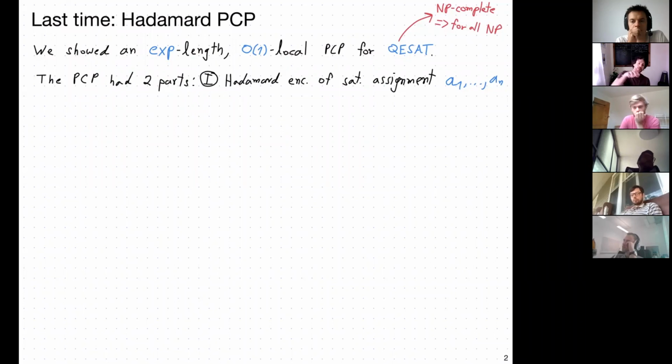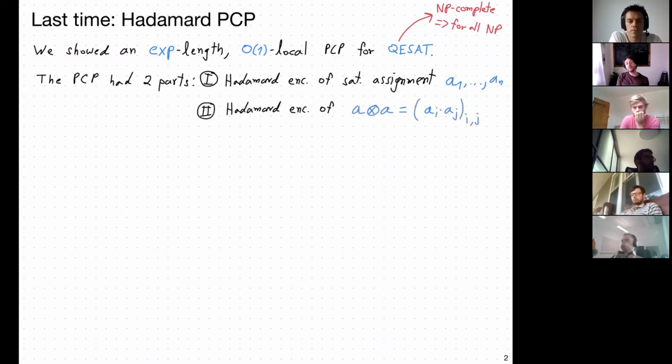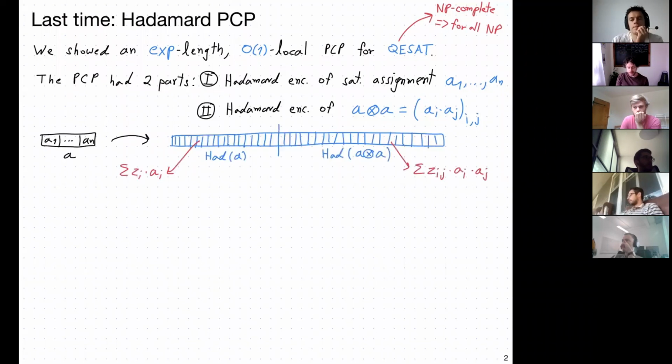So it's all possible 2 to the n different linear combinations, or F to the n, and including them. We also had a Hadamard encoding of A tensor A, which is just a fancy name for all combinations of 2 elements. The idea was that A1 to AN lets us deal with the linear monomials, and the tensor part helps us deal with the quadratic monomials.